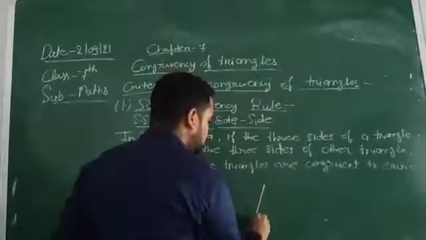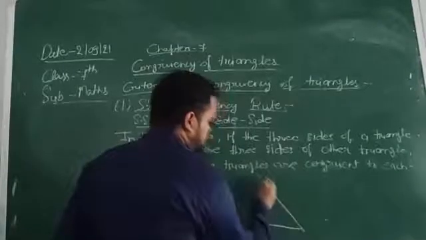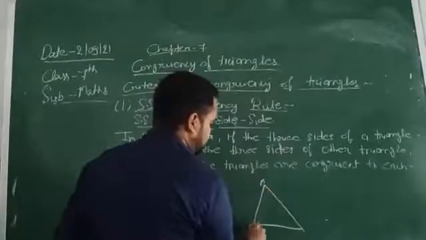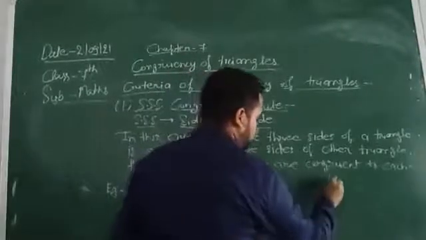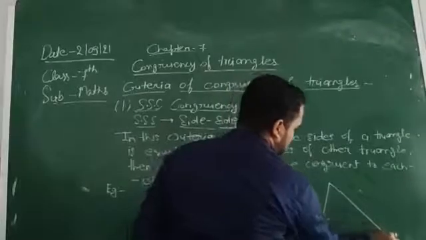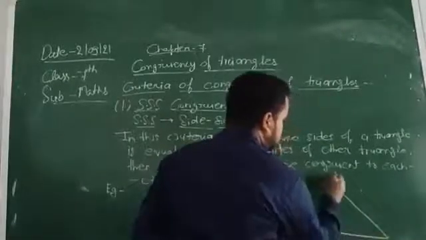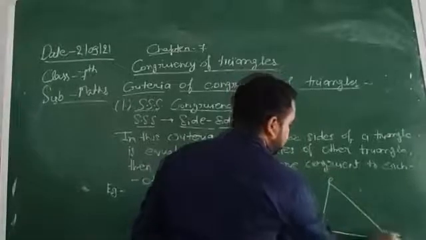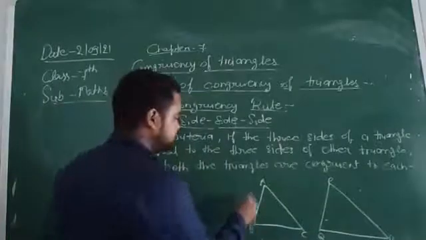Suppose here is a triangle named ABC and another triangle whose name PQR, and the measurement of the sides.